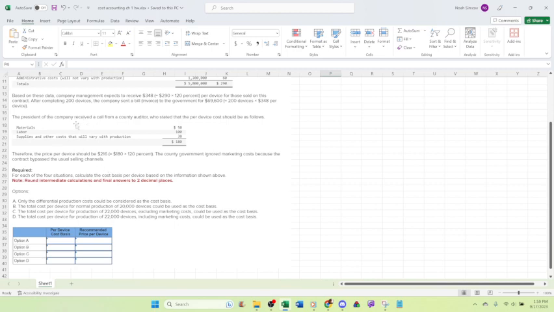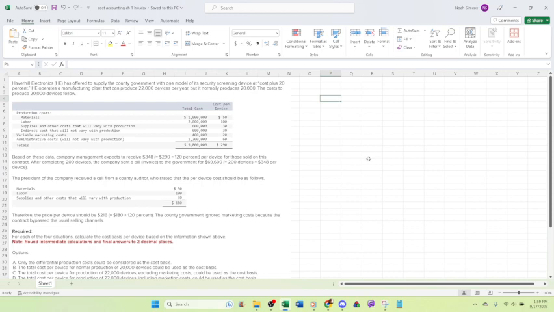It seems that this is A. This is A because materials, labor, supplies. Hold on. Materials, labor, supplies.